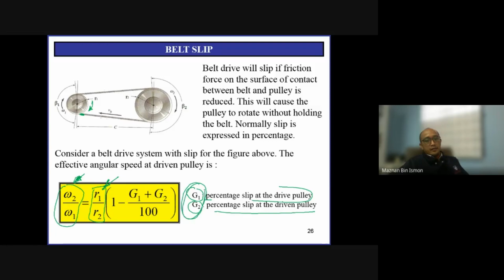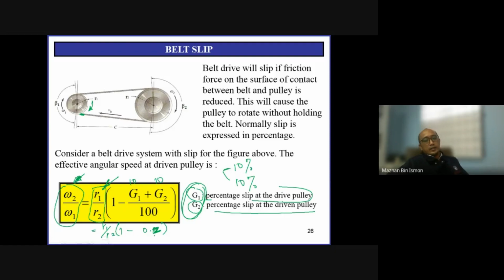of slip. Let's say the percentage slip for pulley 1 is 10%, and pulley 2 is 10%. So here you have 10 and 10. So it's actually 1 minus 0.2, times R1 over R2.